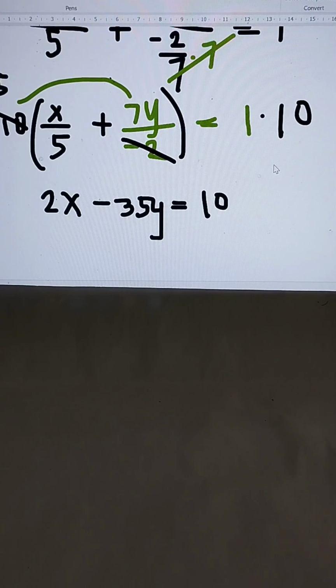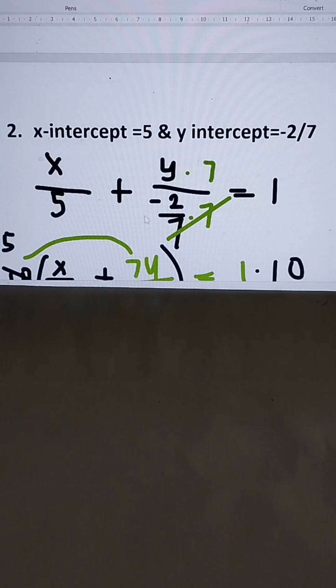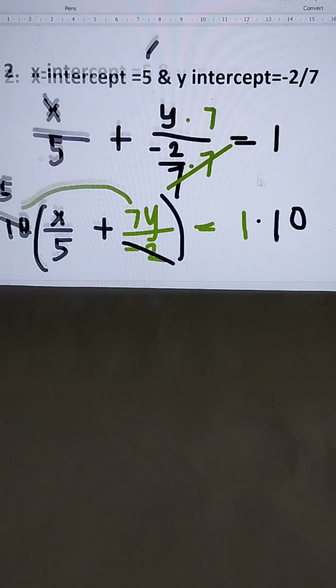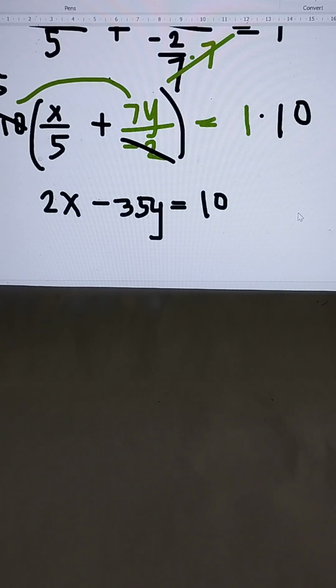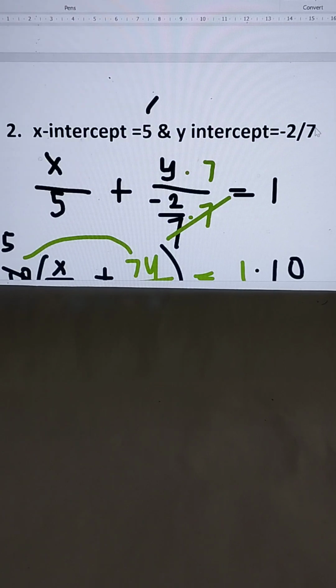10. As you notice here, if y is equal to 0, x is equal to 5, which is your x-intercept. Now if x is equal to 0, then y is negative 10 over 35, which is negative 2 over 7. So that is also your y-intercept.